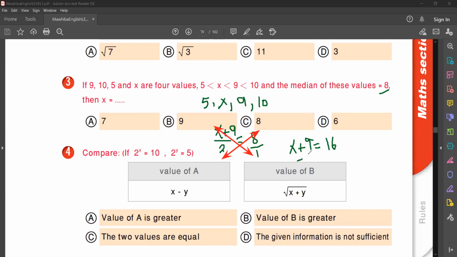So now you subtract 9 from both sides. So x equals 7, right? Then x equals 7. So the correct answer is A, right?